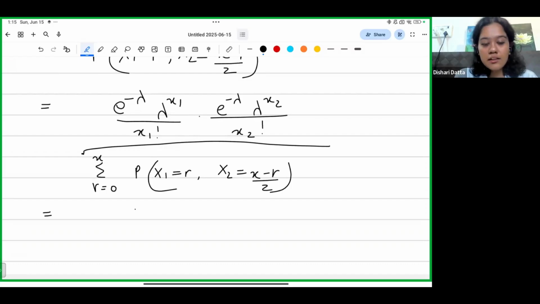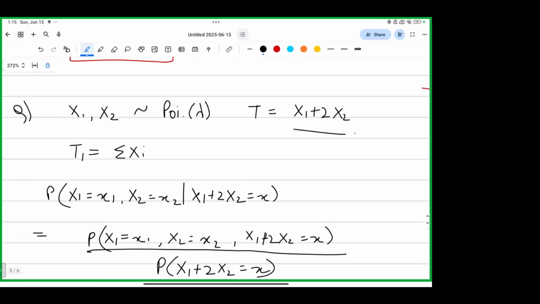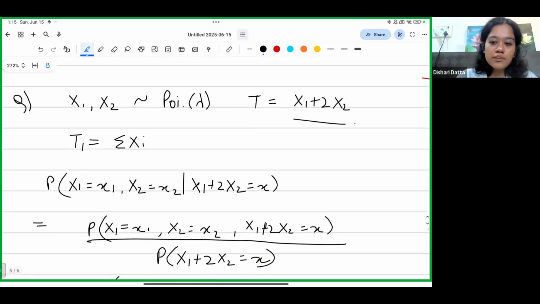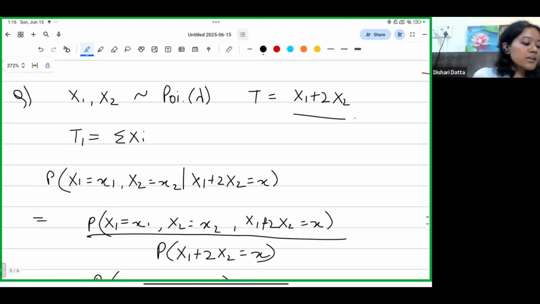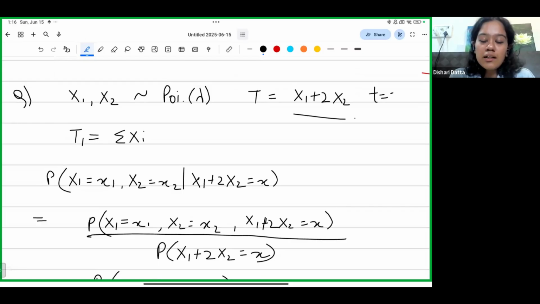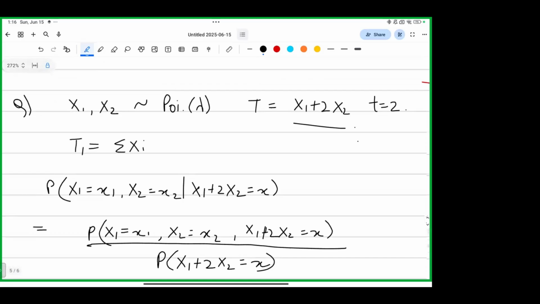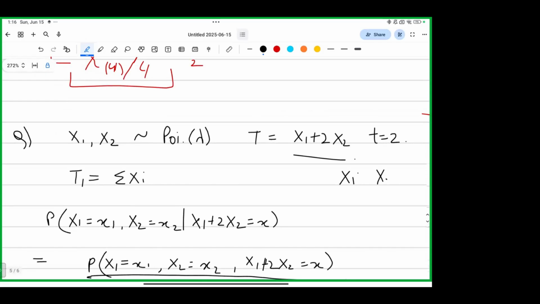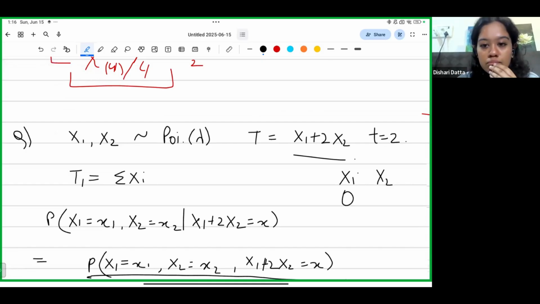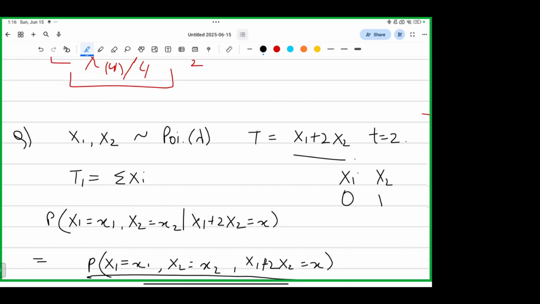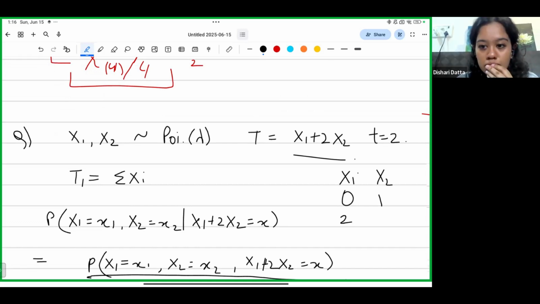Sanjhali, this is the correct process, but when you're going to disprove something, you could just use a counterexample. Proving it in a more general way can be difficult. Let small t, the observed value of capital T, be 2. What values can x1 and x2 take? 0 and 1... 2, 0.